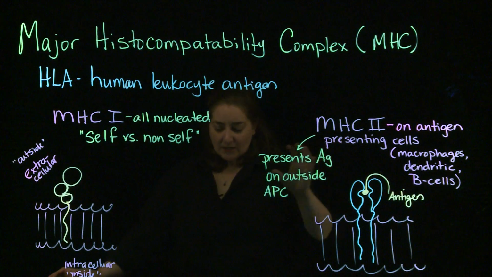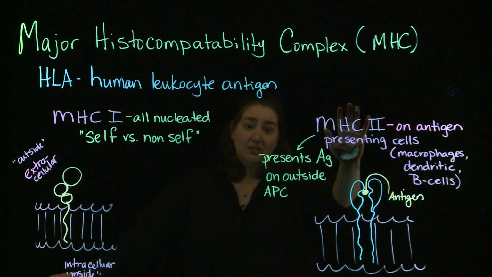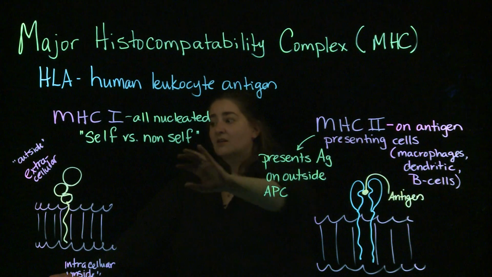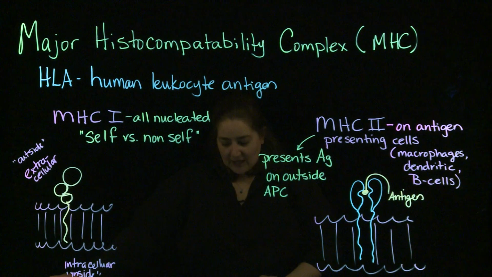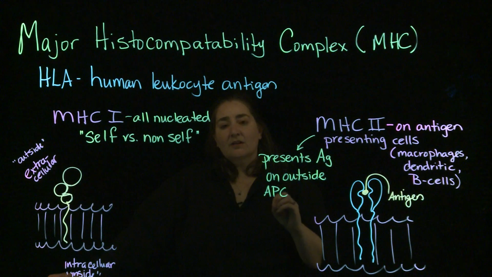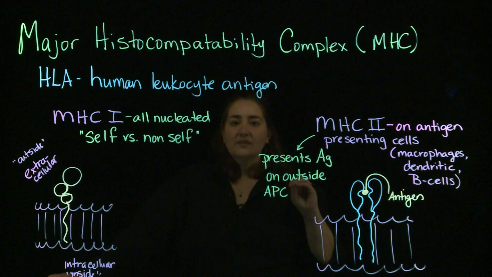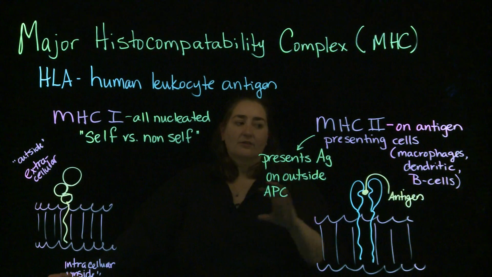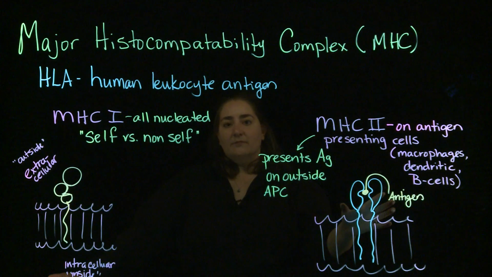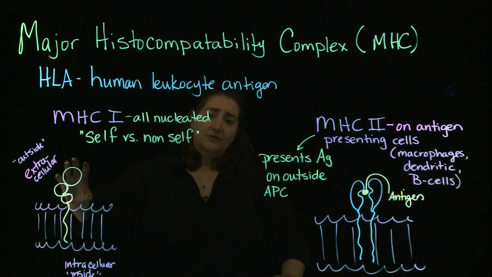So antigen-presenting cells are going to be the ones that have MHC2 on the outside of the cells. All nucleated cells are going to have MHC1. And these are going to become important when we talk next about the development of T cells, because those T cells are going to interact with either antigen-presenting cells, or they will interact directly with cells of your body.